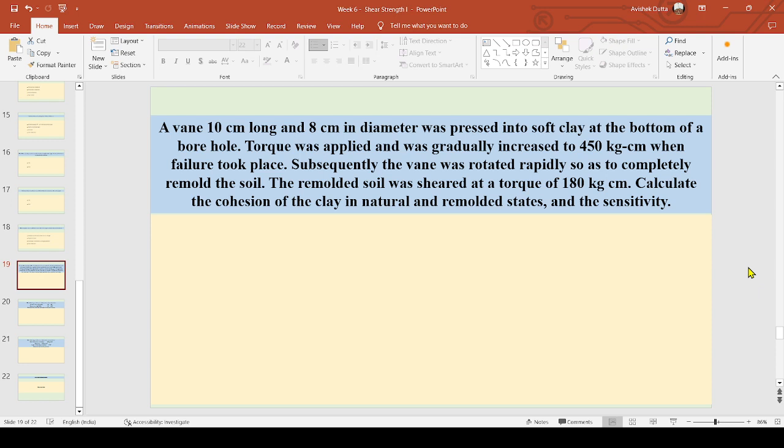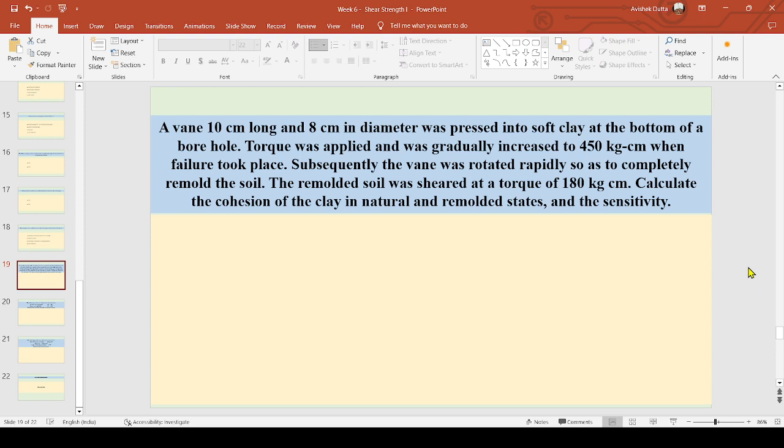Then the vane was rotated to remold the soil, and the remolded soil was sheared at a torque of 180 in contrast to the 450 torque in the first case. Now we have to find out the cohesion of the clay in the natural and the remolded states, and the sensitivity.